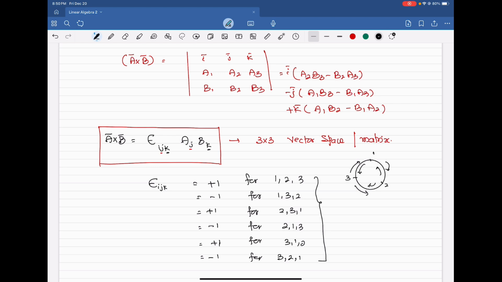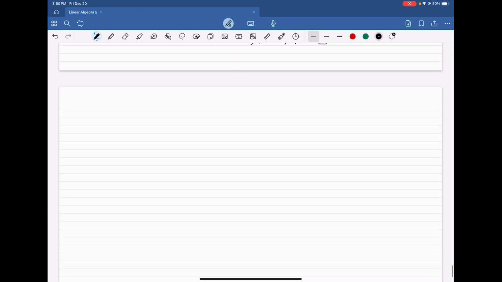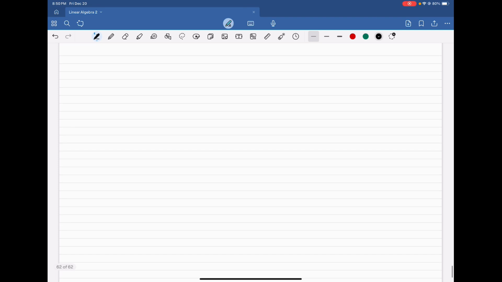Once epsilon ijk values are already there and delta ij values are there with you, then we can represent cross products and dot products of any vectors. 3 vectors, and we can get the triple product, box product.